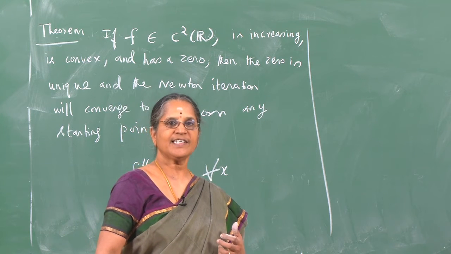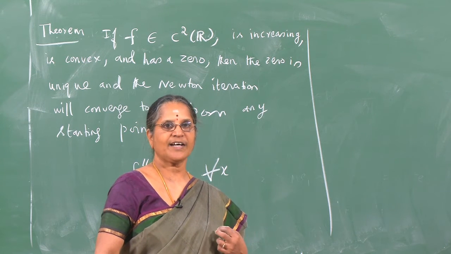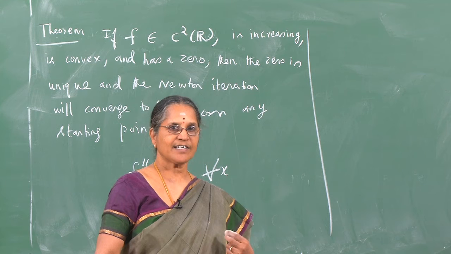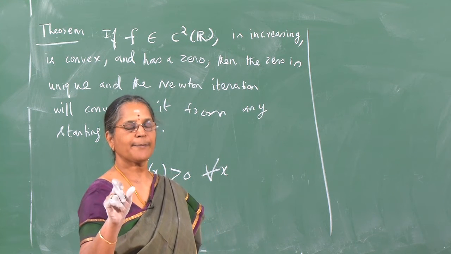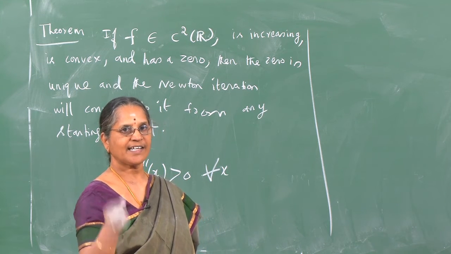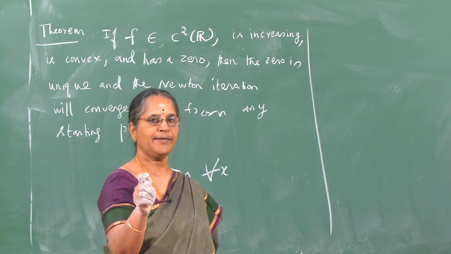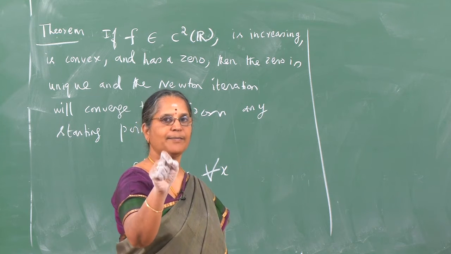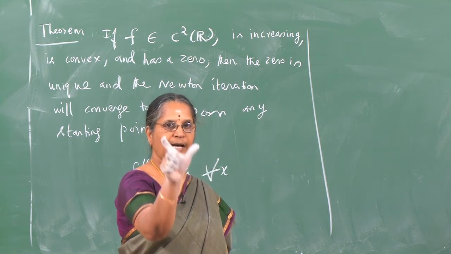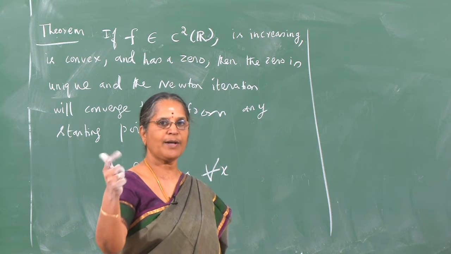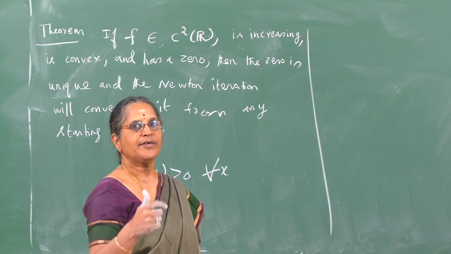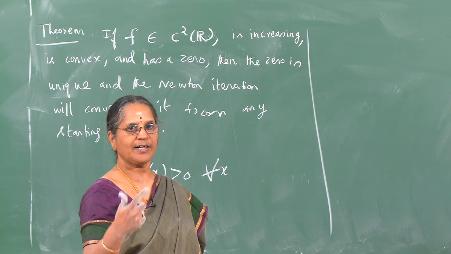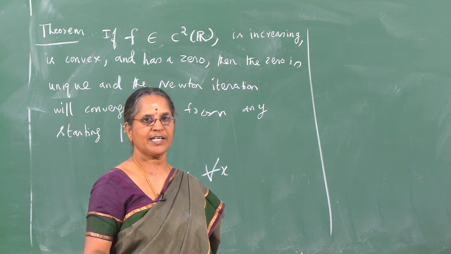And then the convergence analysis of Newton-Raphson method tells us that if your initial approximation satisfies a certain condition, namely the distance of this initial approximation from the root in absolute value is less than 1 by capital M, then the sequence of iterates will converge to a root of the equation.